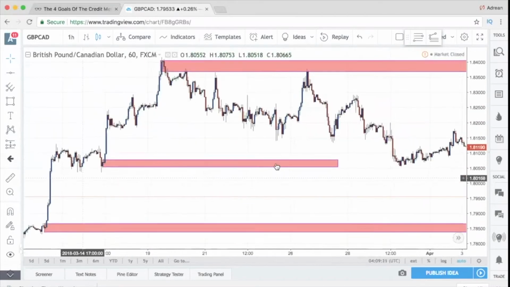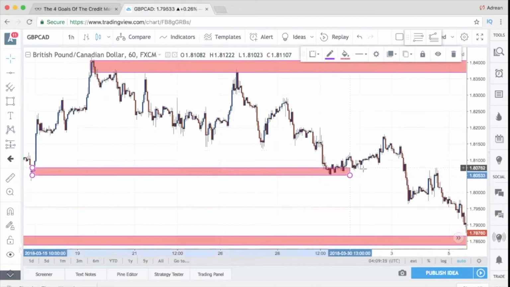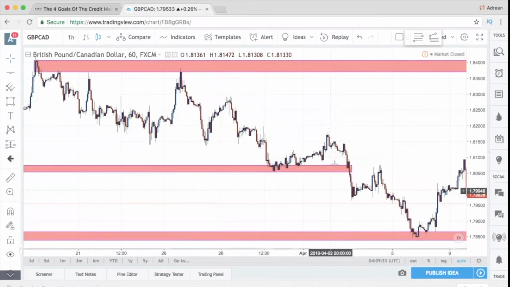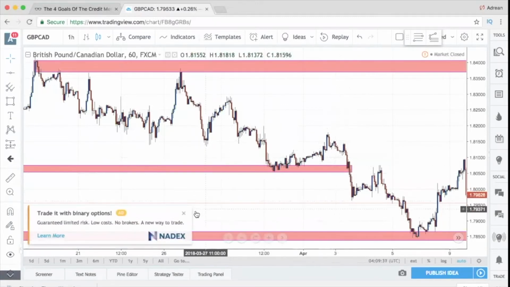And if I zoom and look to the left, what happened? That was the area that price had respected. It went up, and in order for it to break, it had to force itself. It had to push itself.